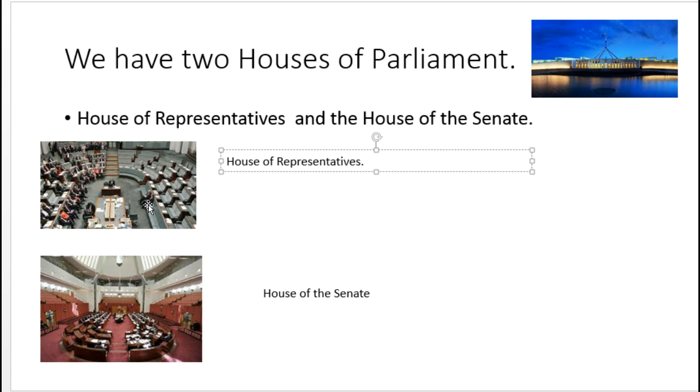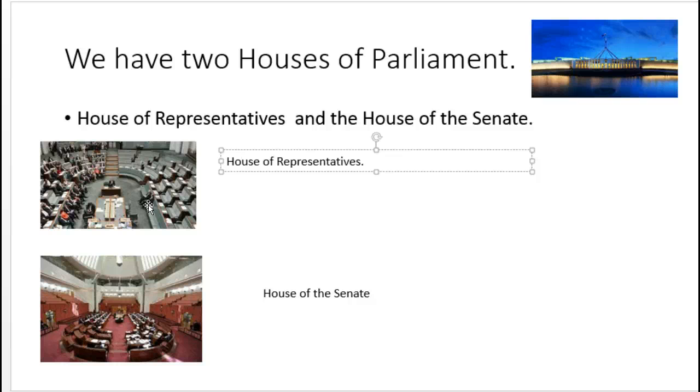Now, if a law is going to change, it has to go through both the House of Representatives and the House of Senate. It can't just go through one, it has to go through both. It's the green one up the top there, the House of Representatives, where people like Tony Abbott sit, the head of our government.